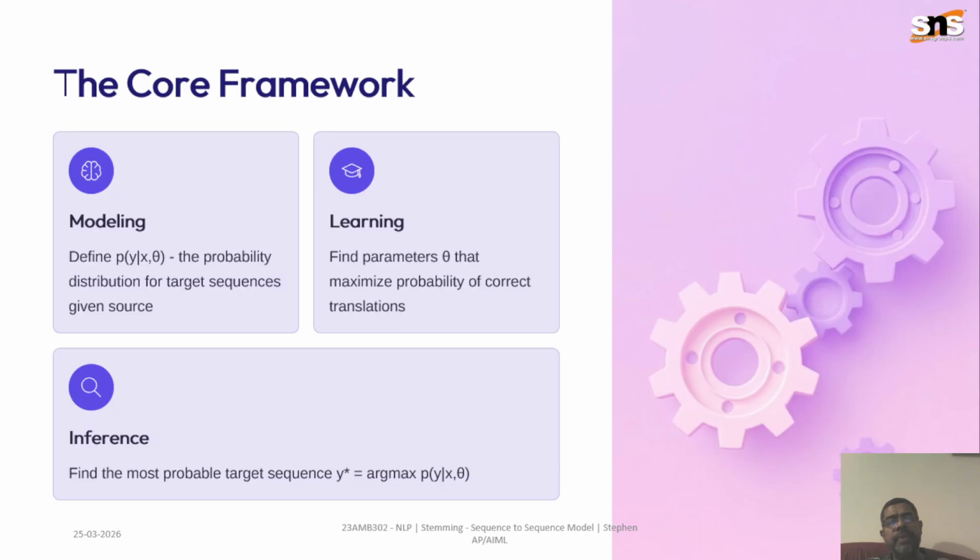Because of this facility in the RNN, we implement the recurrent neural network for the implementation of seq to seq. Seq to seq has two architectural blocks: one part is called the encoder, and the other part is called the decoder.